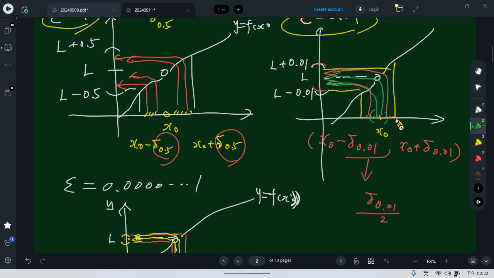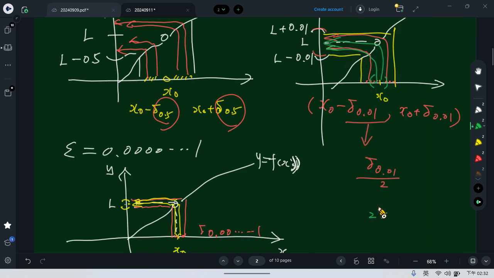However, if I pick another one, 2 delta, the range will become so large, become larger, right? But of course, I can make sure if x fall into this range, I still can make it fall into this range, right?